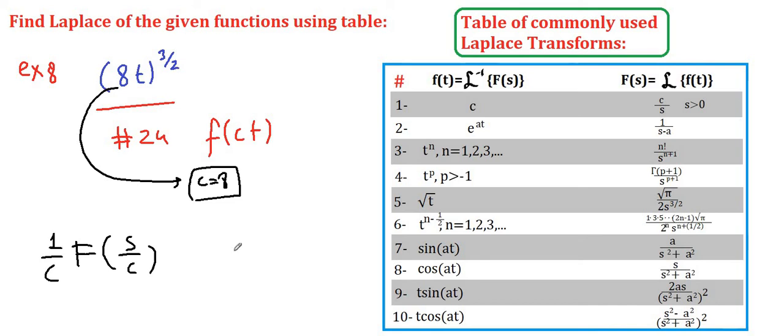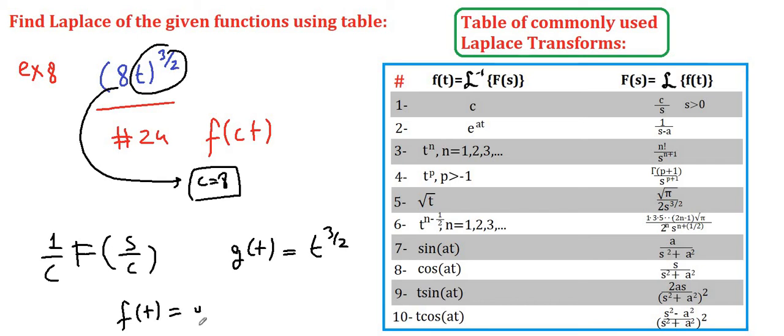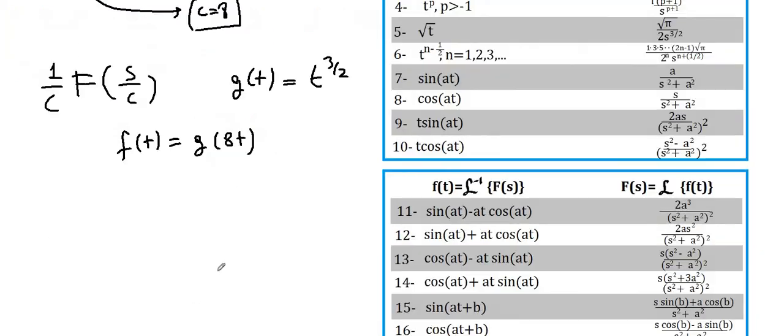Here in our case, our g of t is t to the 3 over 2, this part. And our f of t will be g of 8t. Then our f of s will be equal to 1 over 8, 1 over the constant c.